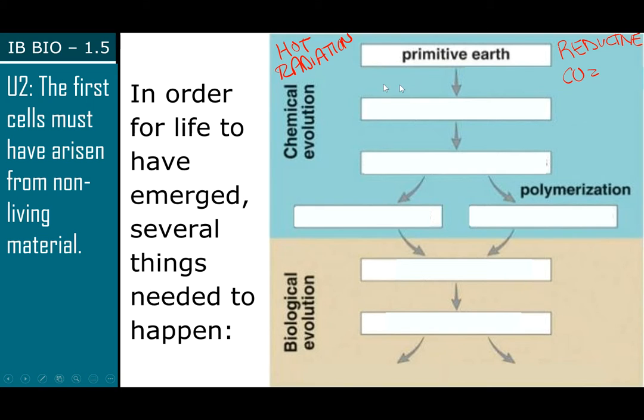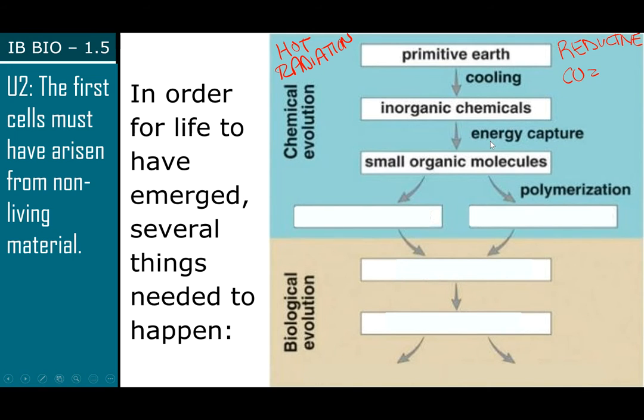So chemical evolution happens first. As the Earth cooled, we have the formation of inorganic chemicals. Inorganic chemicals have the ability to capture energy. That energy capture results in small organic molecules.